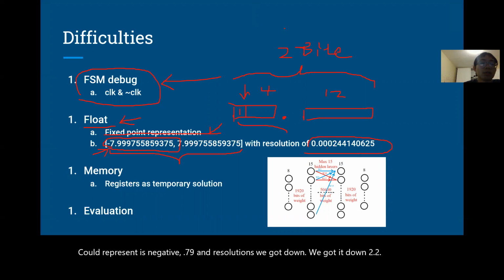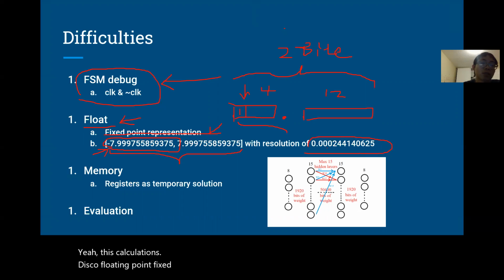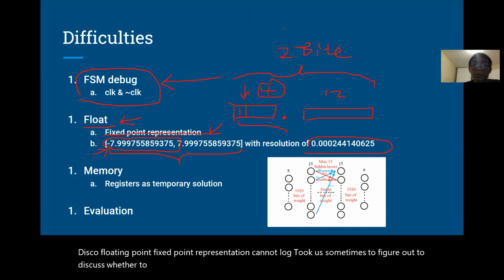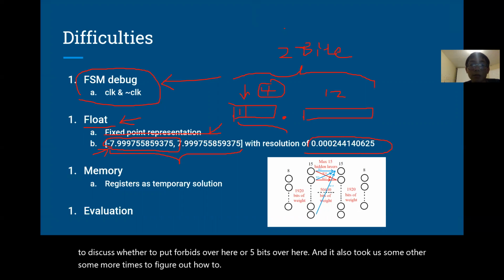Yeah, this floating point, fixed point representation took us some time to figure out, to discuss whether to put 4 bits over here or 5 bits over here, and it also took us some more time to figure out how to multiply the two values.